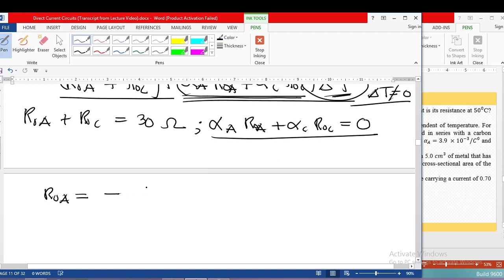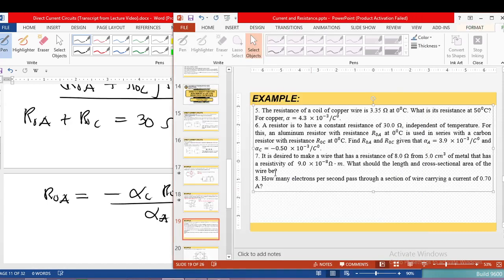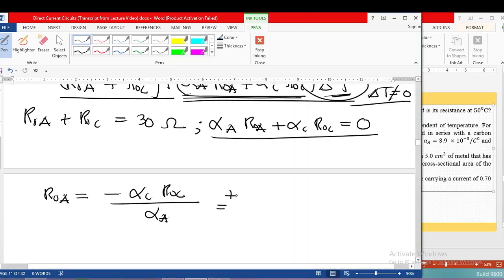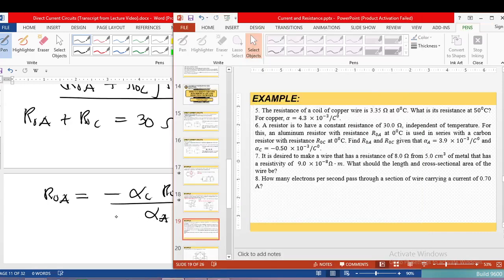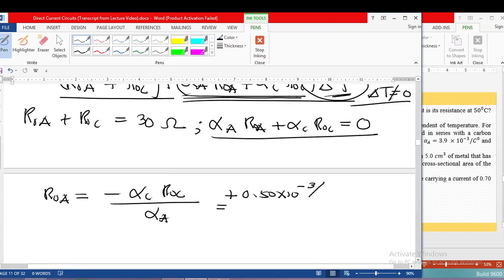So that is negative alpha C, R sub naught C divided by alpha A. So we have negative, then negative also the alpha of your carbon. So this becomes positive. Times 10 to the, how much is this? Negative 3 per Celsius degree divided by 3.9 times 10 to the negative 3 per Celsius degree.